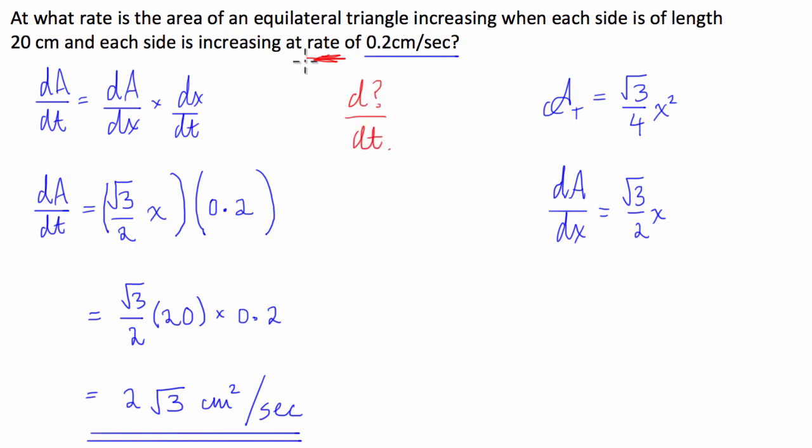Once you've done that, we can relate the area of an equilateral triangle to the side length, which is what we did here, and we can relate the side length to time using this piece here. Once we've done those, we can multiply them together. The dx's cancel and we get dA/dt. That's how the chain rule works.